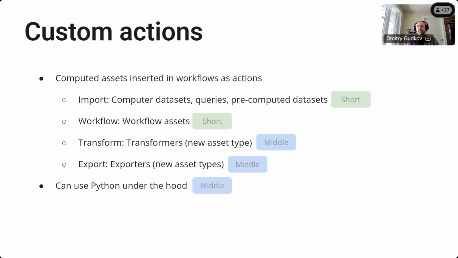But once you have it, you will be able to design assets such as computed data sets, pre-computed data sets, and workflow assets, and those assets can be inserted into EasyMorph workflows as native actions. And it will work seamlessly, just as you would expect from an action. These actions will be shared across your team.